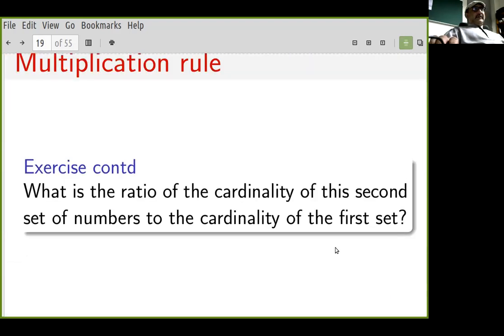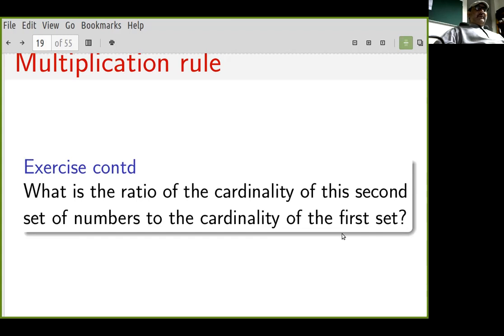Okay, now the set of all possible outcomes was, remember, 9 times 8 is 72 the first time we did this. We considered these 2-digit combinations.